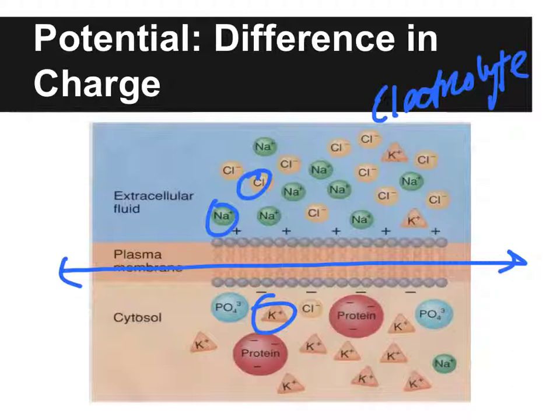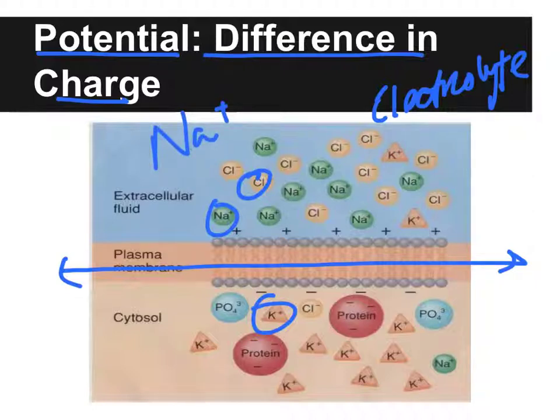And so with enough electrolytes, you can generate what's known as a potential, or that is to say, a difference in charge. On the outside of your cell, you've got lots of sodium ions, and sodium ions are positively charged. So that makes the outside of your cell have a very positive charge. And the inside of your cell has less positive charge.